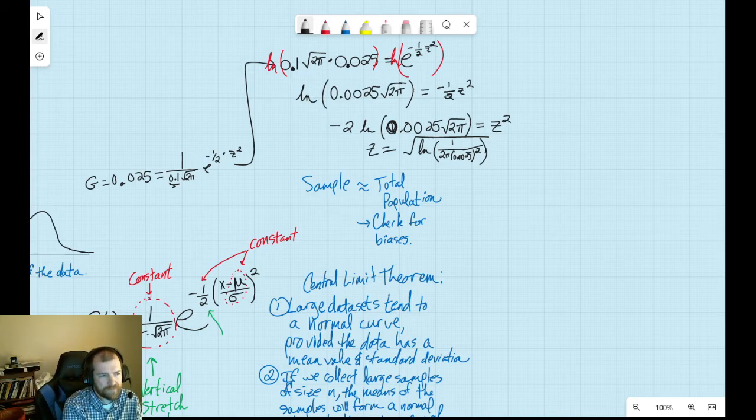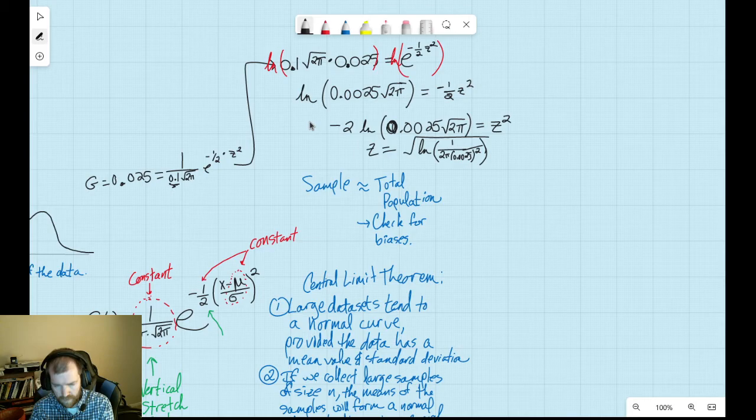Okay, so where did it go wrong? x minus mu over sigma is just z, so we can leave that there. 0.0025 times, nope, let's try again. 2 times pi, 6.28, we know that.